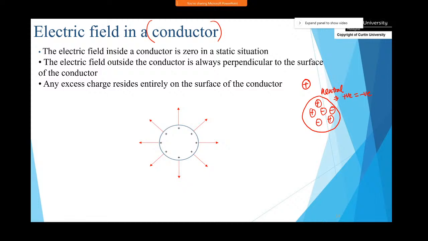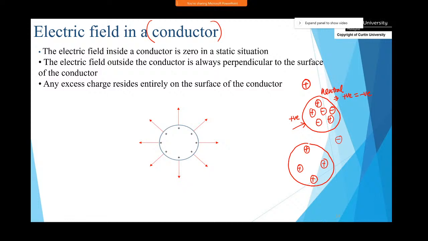So if now the conductor is positively charged, it can either be that all the negative charge has been discharged, so only positive charge is left, or you have a very minimum amount of negative charge. So let's assume only positive charge is left inside the conductor.